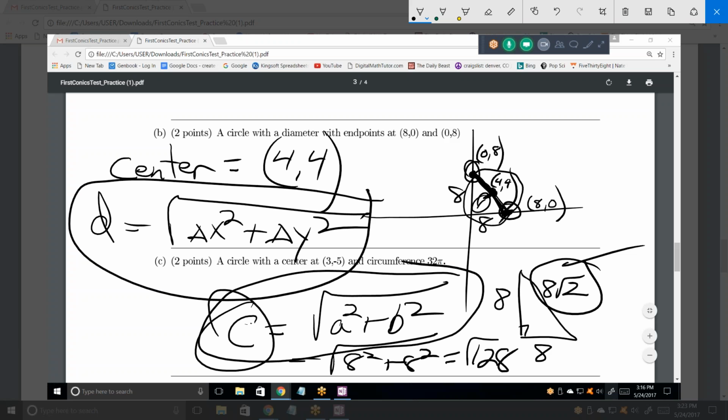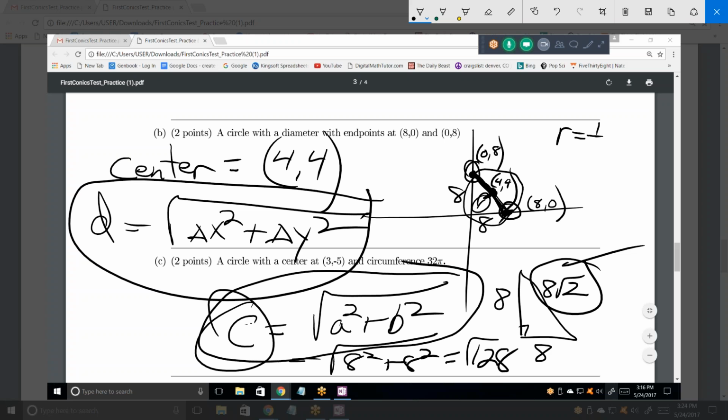Now, if that's the length of the hypotenuse, what's the radius? Is it like half of the hypotenuse?